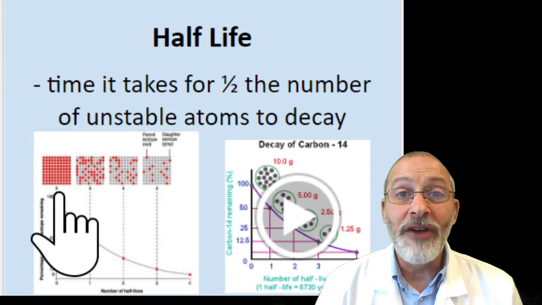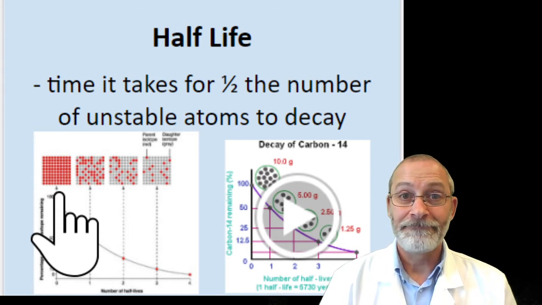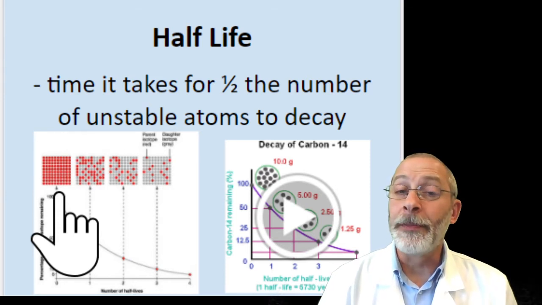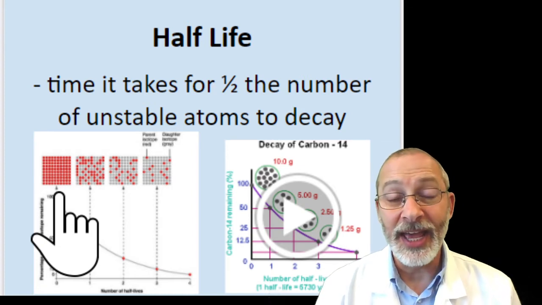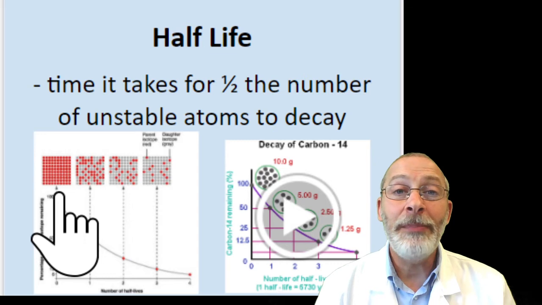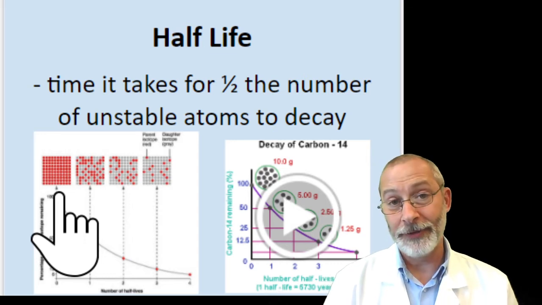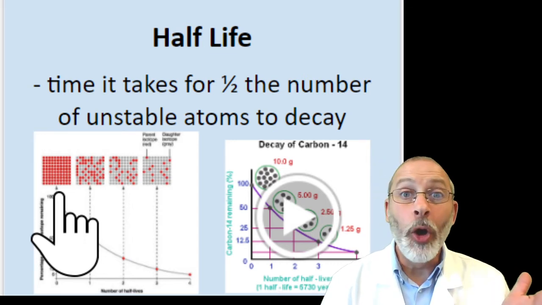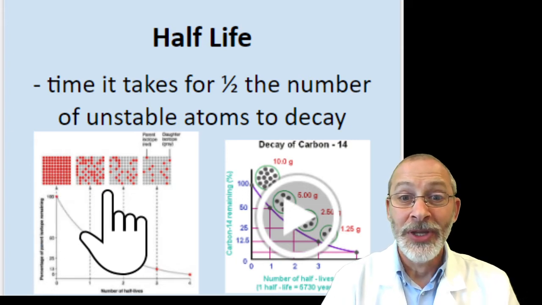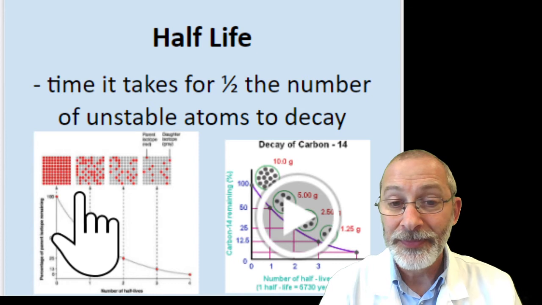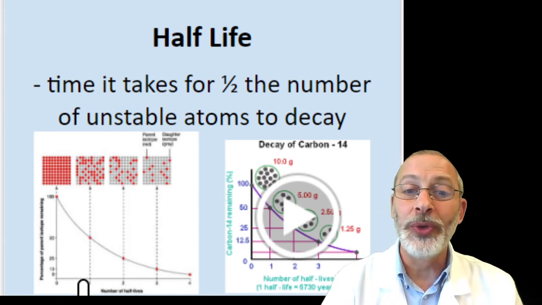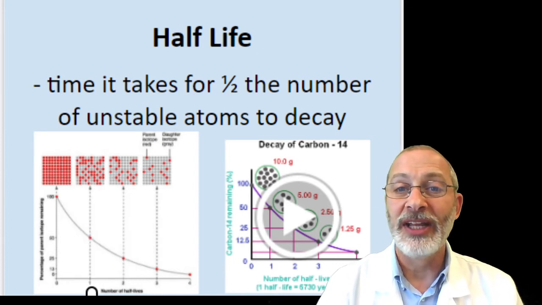If you start off with 100 pennies, after a certain period of time, half of those pennies decay. How many pennies are you left with? Hopefully you said 50. So when there are 50 pennies left, that would be called one half-life.